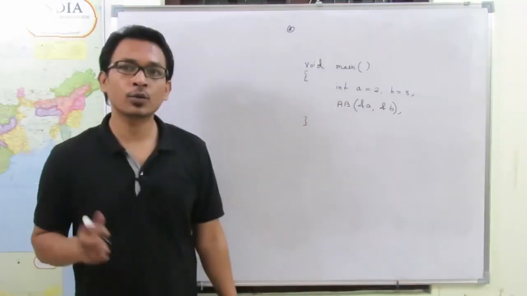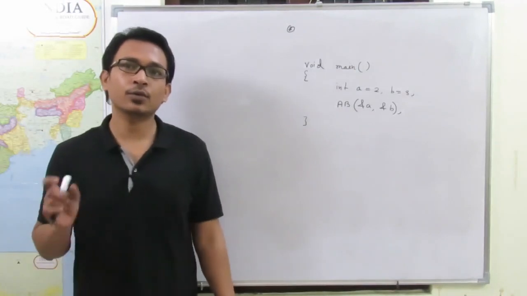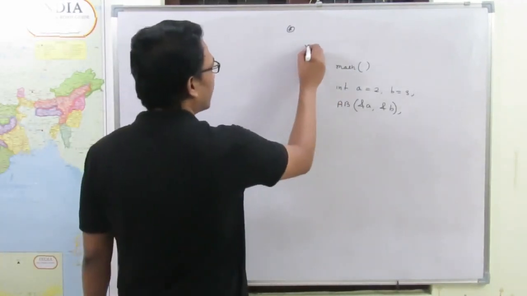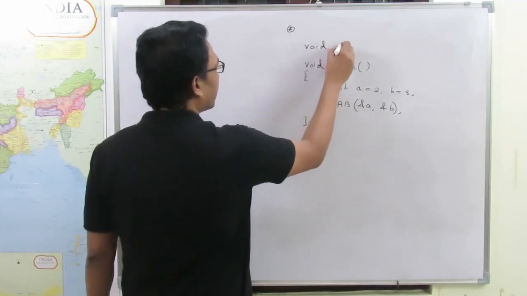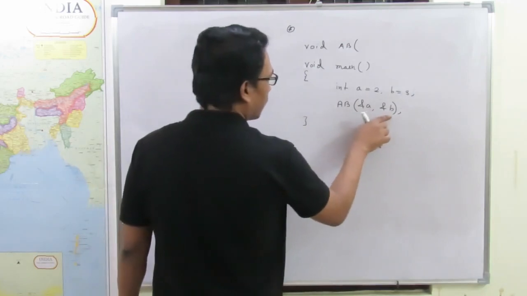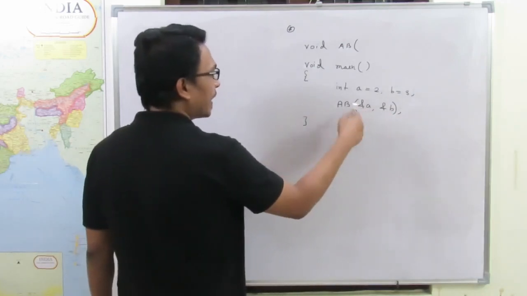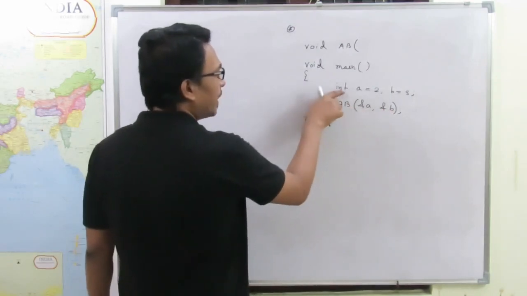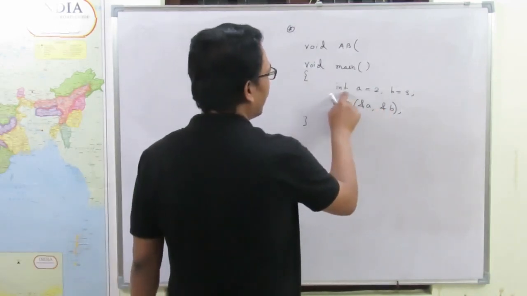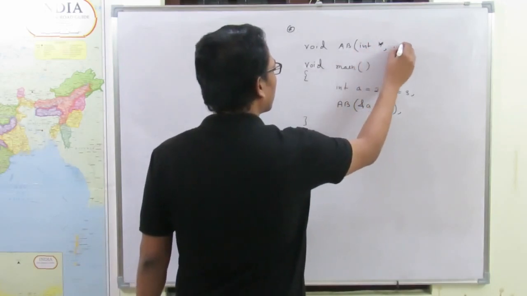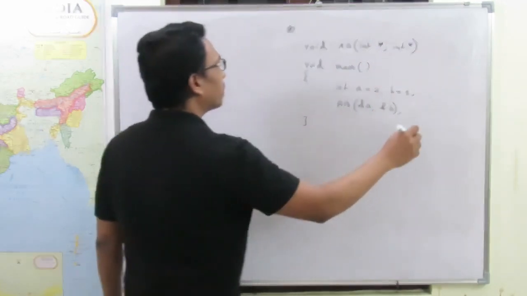The first case is without return type and the second case is with return type. So now without return type, the return type of the function is void and then ab. Now the type of the argument: the first argument is an address, the second argument is again an address. The first argument is address of int, the second argument is again address of int. So int asterisk comma int asterisk will be the signature of this function.